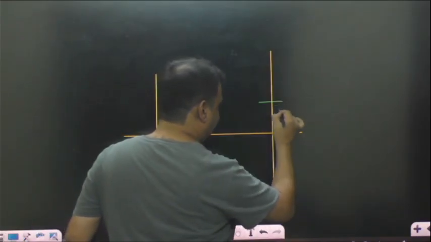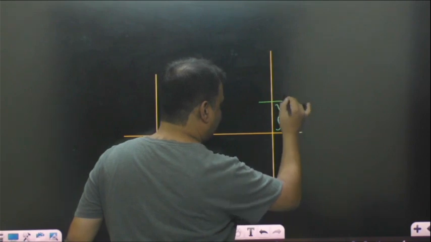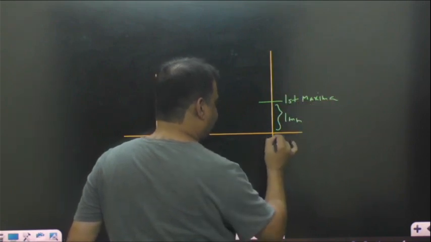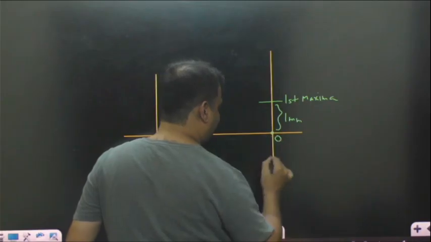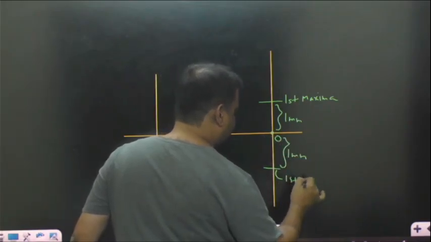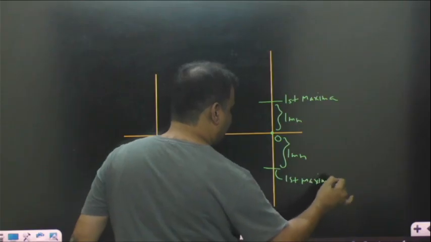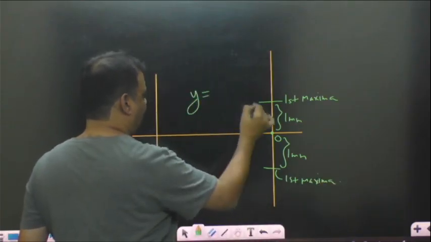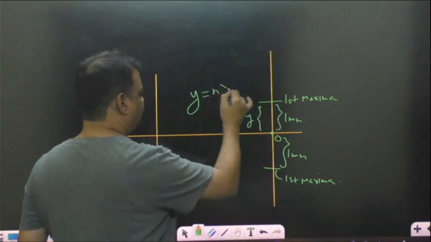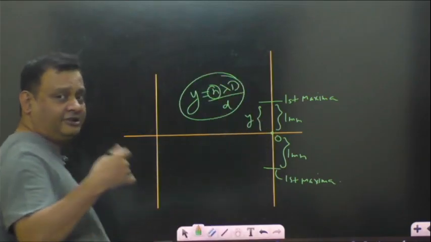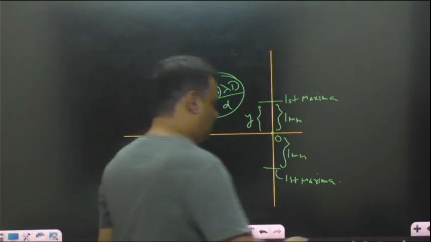So if this is 1 millimeter and this is the first maxima above the central maxima or center of the screen, then exactly below 1 millimeter we will also have the first maxima, isn't it? And the position of the maxima is given by the equation lambda capital D n by small d, where n is the order of the maxima.